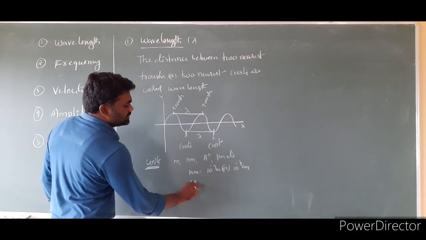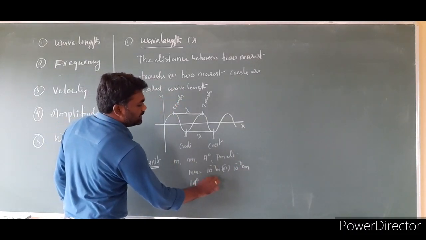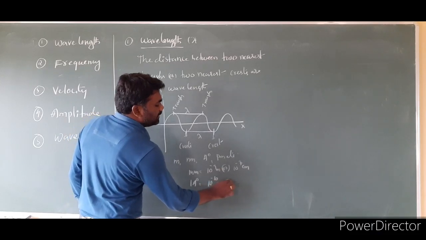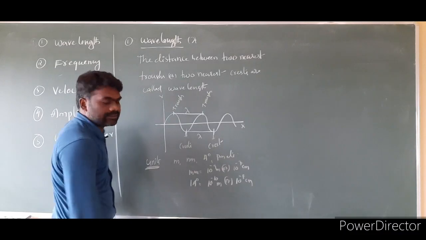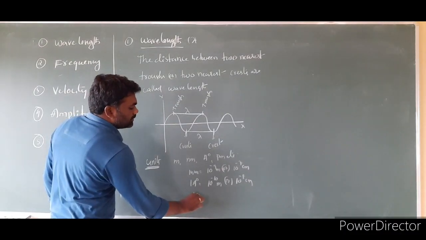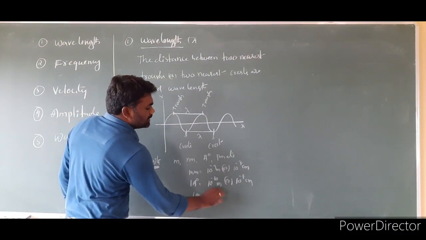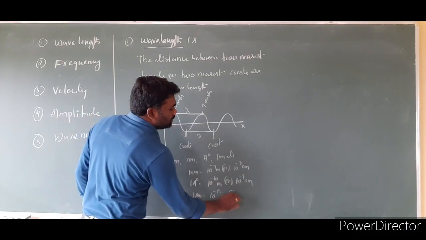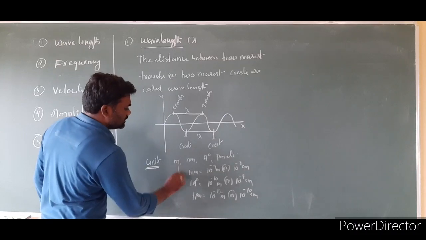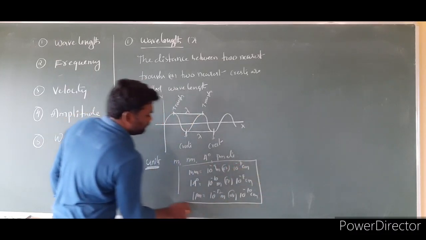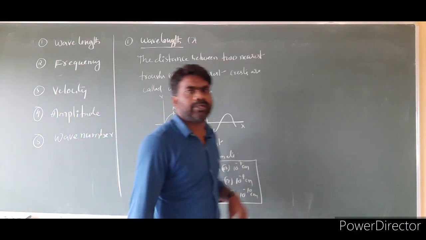And 1 angstrom is equal to 10 power minus 10 meters. In terms of centimeters, 10 power minus 8 centimeters. 1 picometer is equal to 10 power minus 12 meters or 10 power minus 10 centimeters. So these values are very important for problems. Keep that point in your mind.